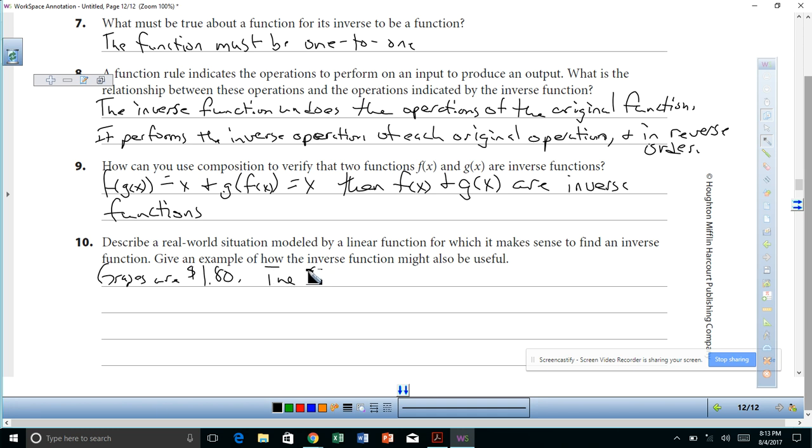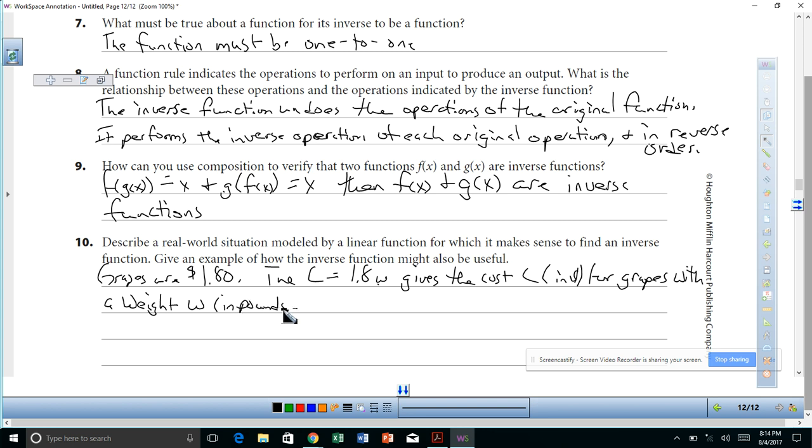So the equation C equals 1.8 W gives the cost C in dollars for grapes with a weight W in pounds.